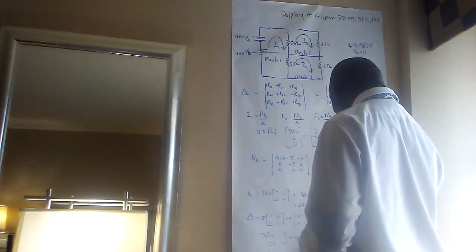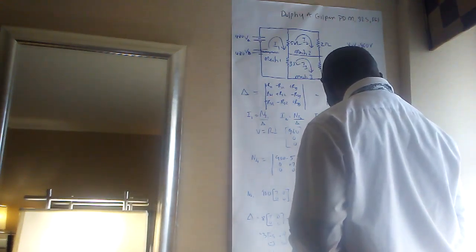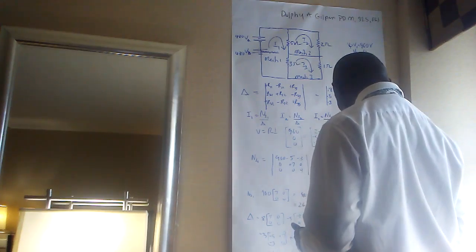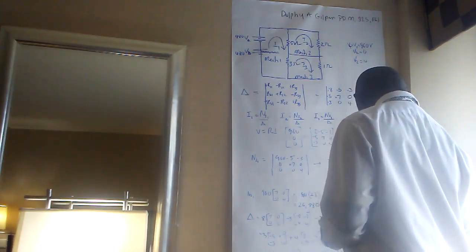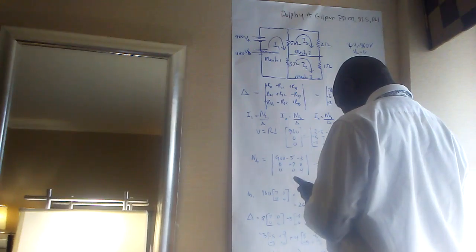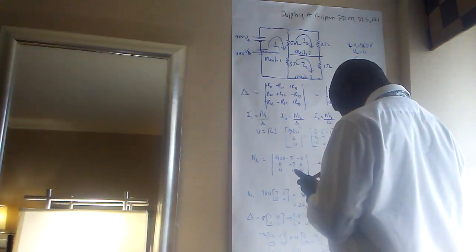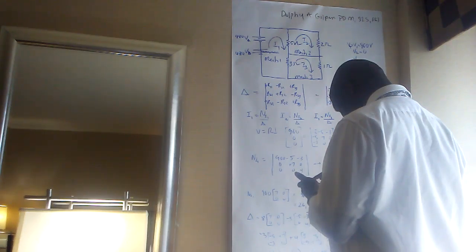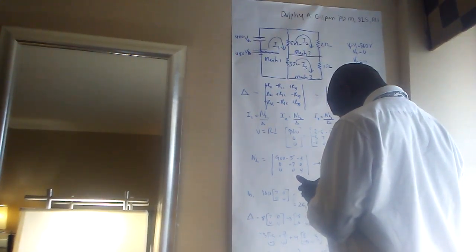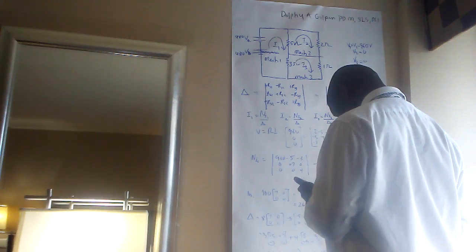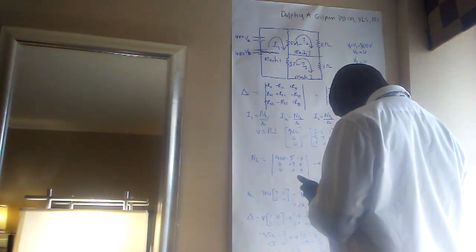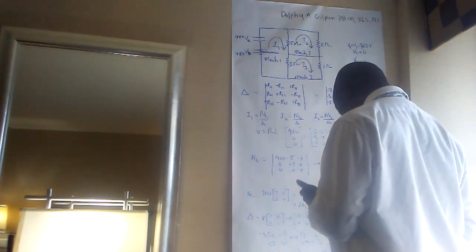And 4 times 56 minus 25 would leave us with 31. 31 times 4 equals 124.